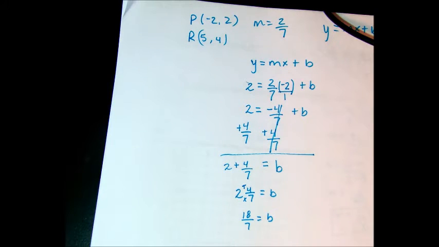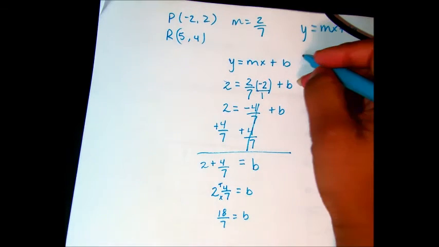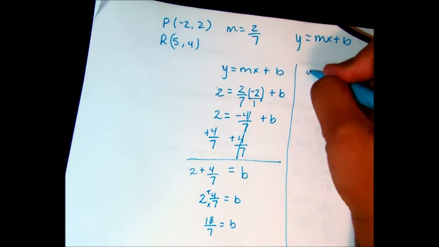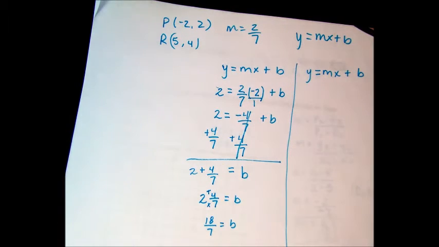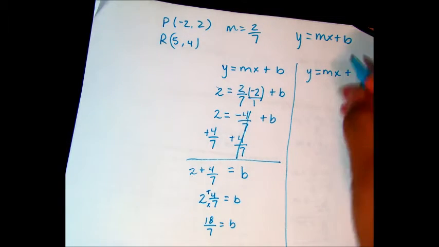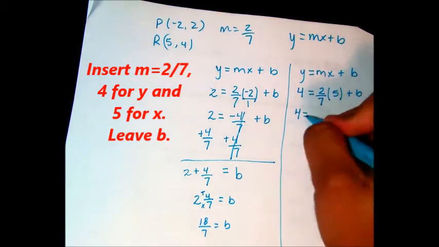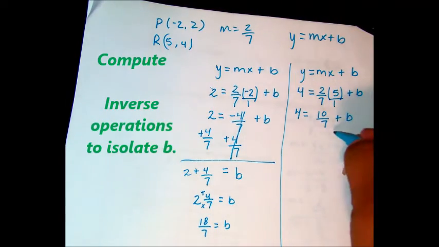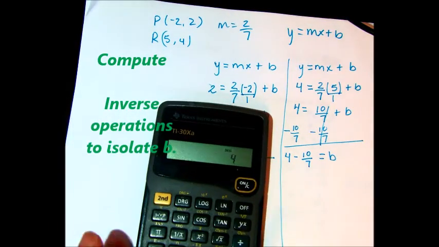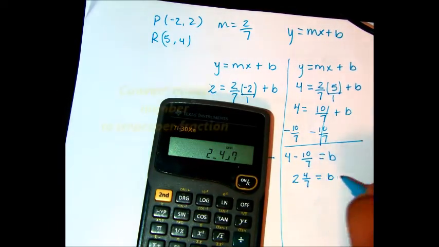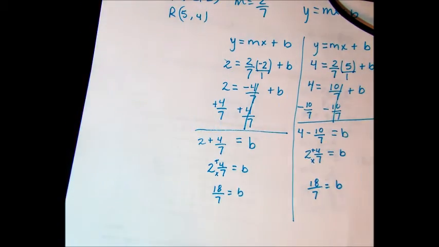Now, this should work if I use the other point. I'm going to use the other point, R, to check that. We should get the exact same b, 18 over 7.